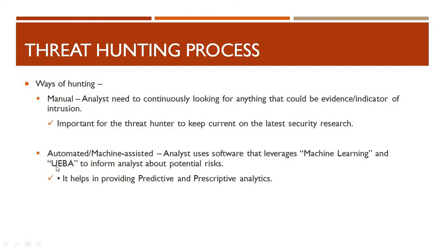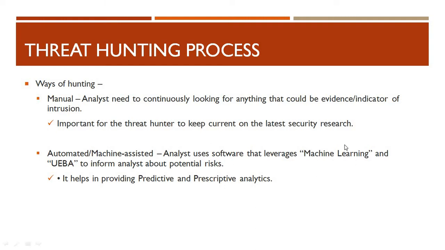UEBA also contains, in the backend, a machine learning algorithm which runs over your data, and once it learns from your data, it will point out that there is a hike, a security breach, or a traffic spike in your environment, or that this is abnormal activity, an anomalous behavior which is different from normal. So the machine assisted way flags anything which is diverting from baselining.